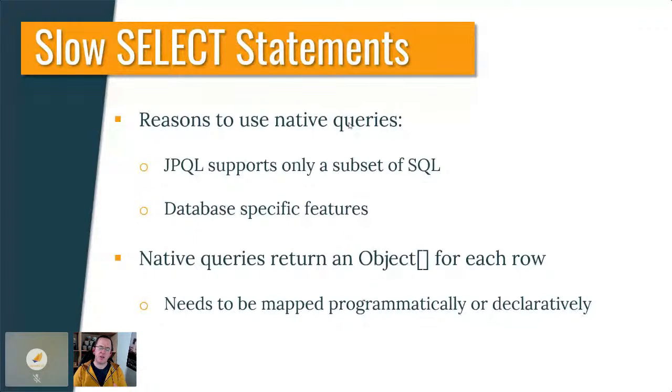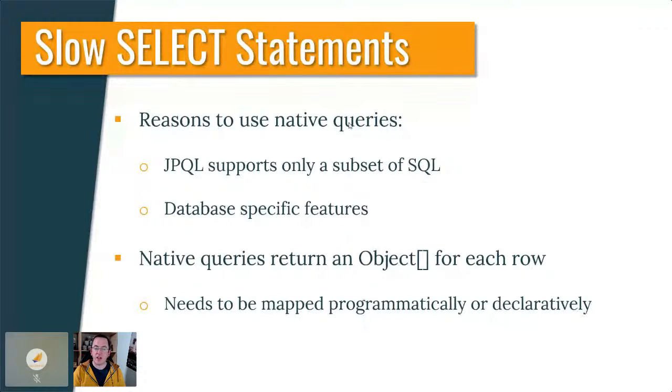And these statements are taken by Hibernate and sent directly to the database. That has, as I said, the benefit that you can use all the features supported by a database, but you're also writing SQL statements in the database-specific dialect. That's something you always have to keep in mind, especially if you're working with multiple databases.